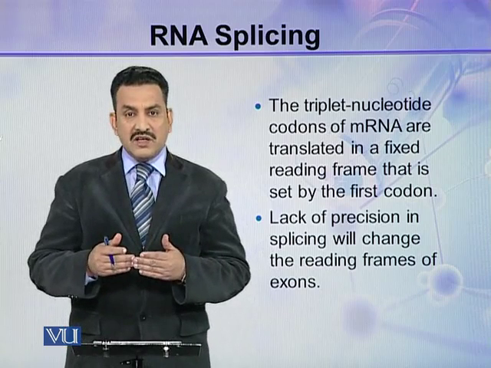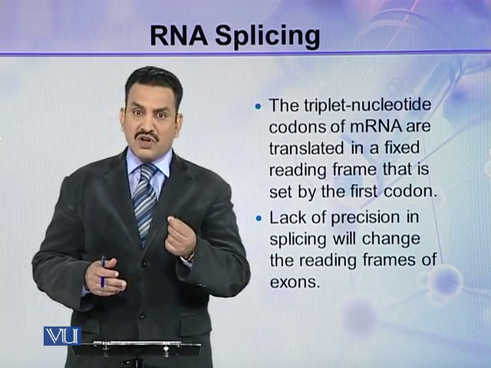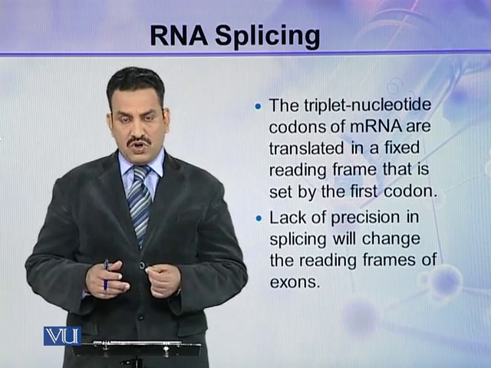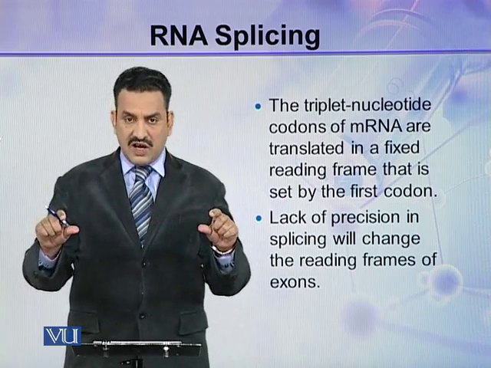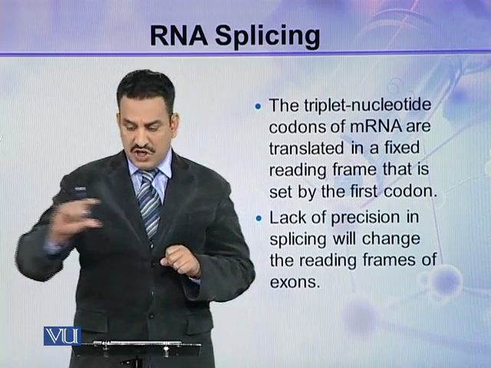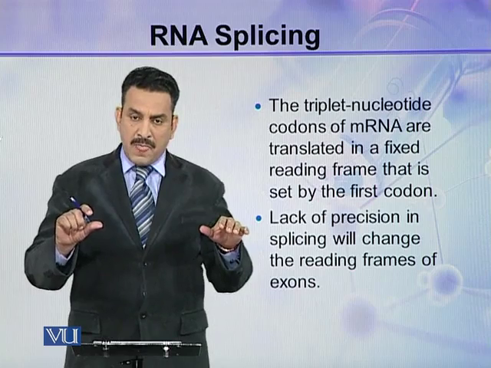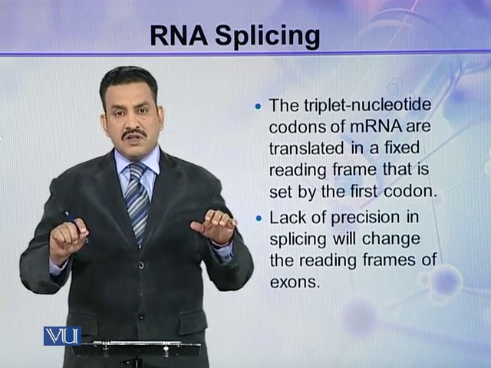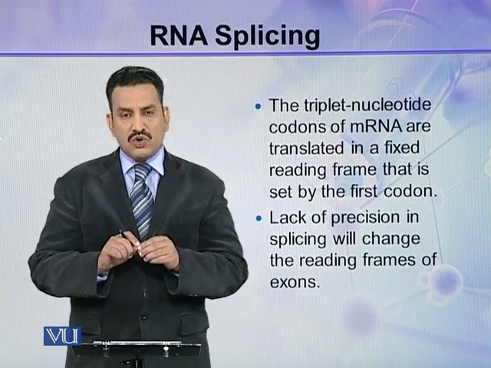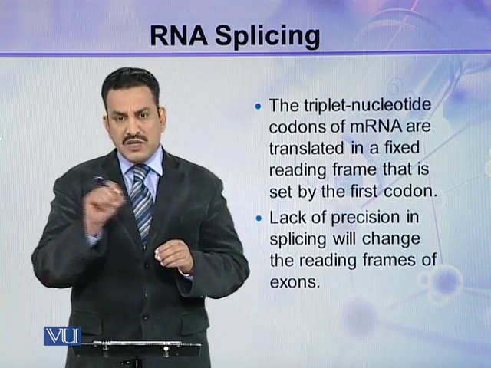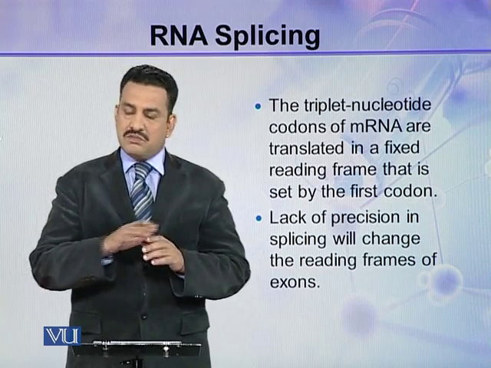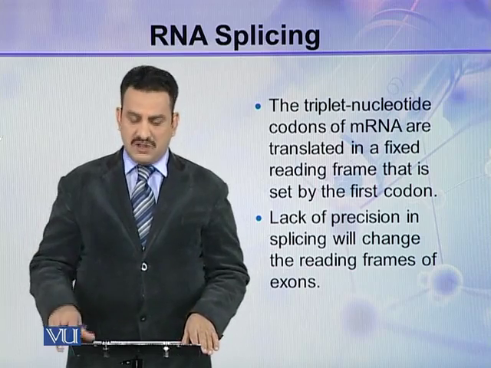Why is the removal of even a single nucleotide so important? Because all the codons are set in a reading frame, and that frame starts from the first codon. If one nucleotide is missed at any point, this will disturb the whole reading frame.